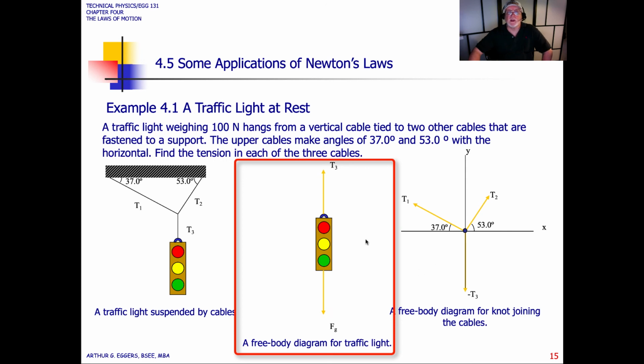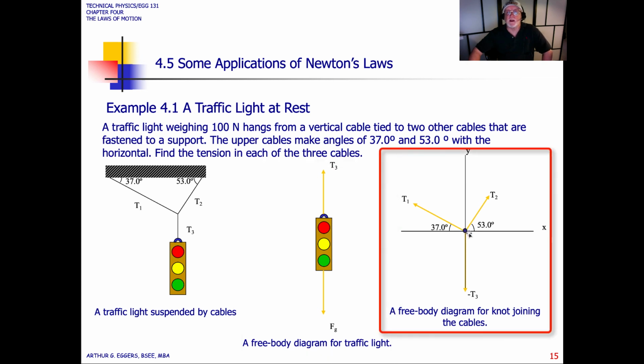So now if we look at the point where that knot is, where all 3 tensions come together, we have another free body diagram that shows tension 1, tension 2, tension 3. Notice we have tension 3 in the opposite direction along the y-axis, so it carries a negative sign. The T2 tension becomes, in essence, a resultant.